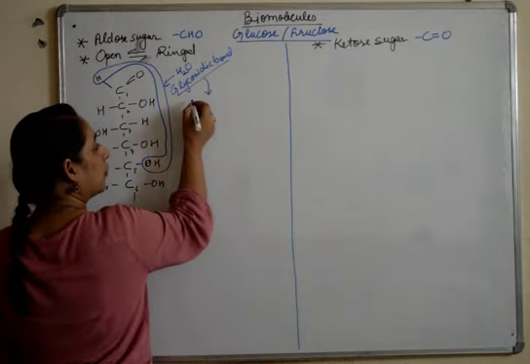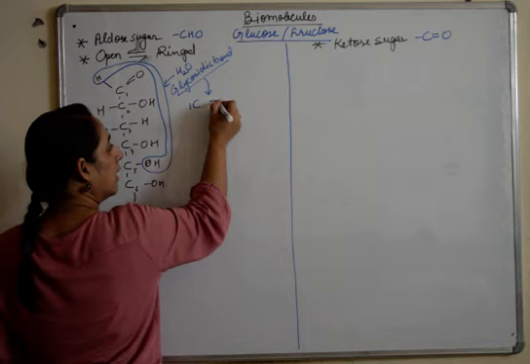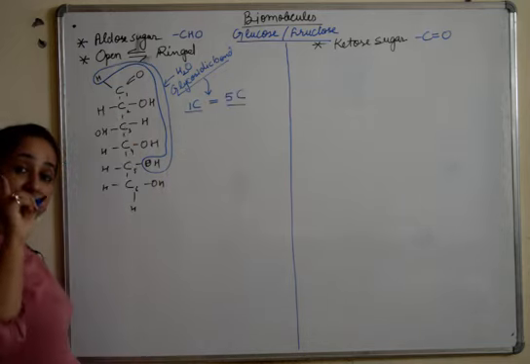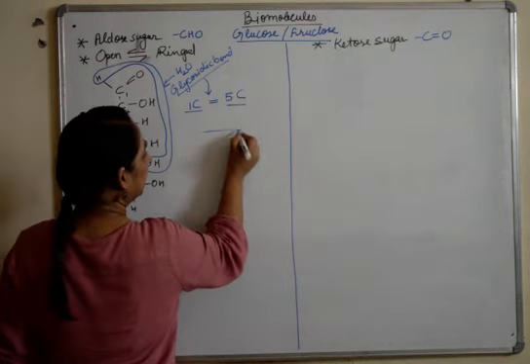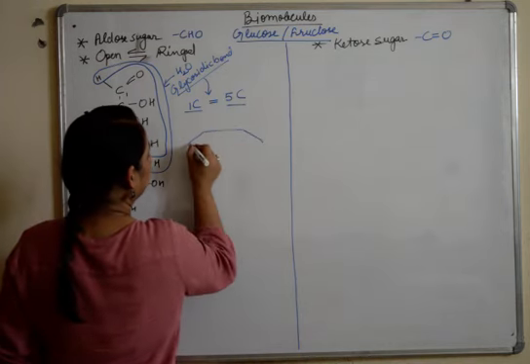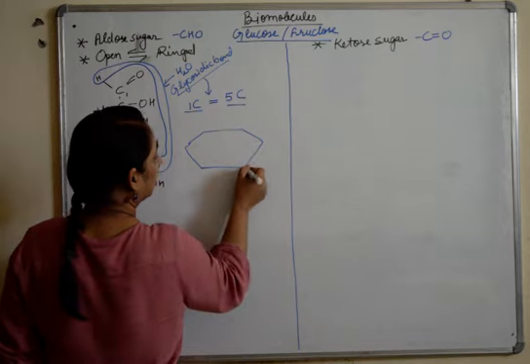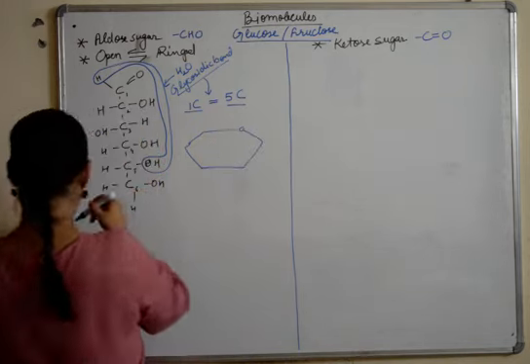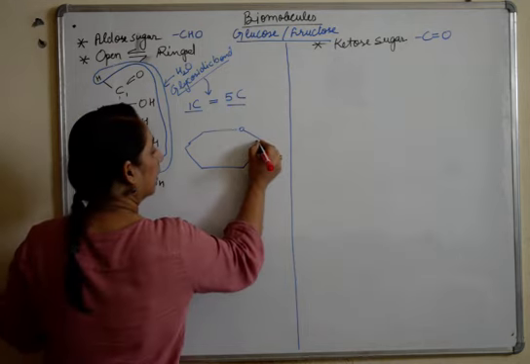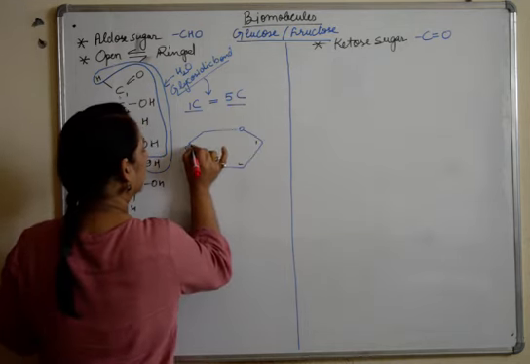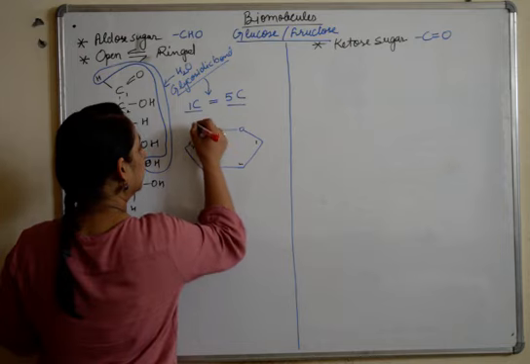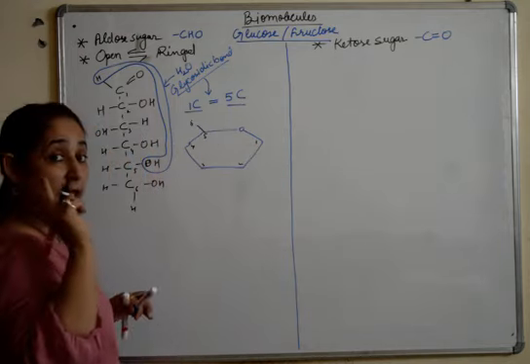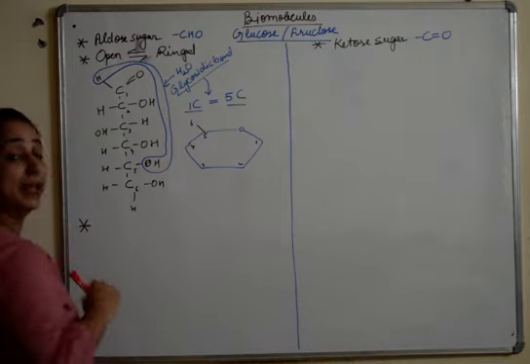Now this bond is formed between the first carbon and the fifth carbon, and they share one oxygen, as in if we make the structure, this is O, which is shared by the first and fifth carbon, with carbons 1 2 3 4 and 5, and here we have the sixth one. Now which type of ring is this?